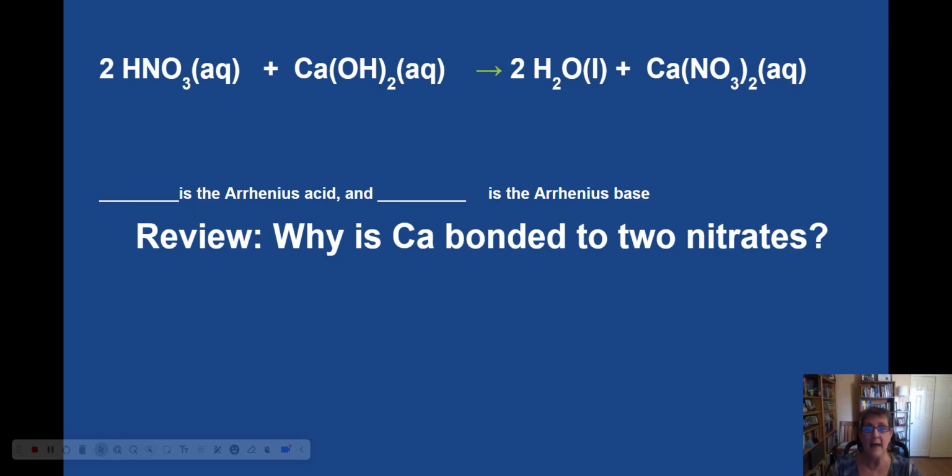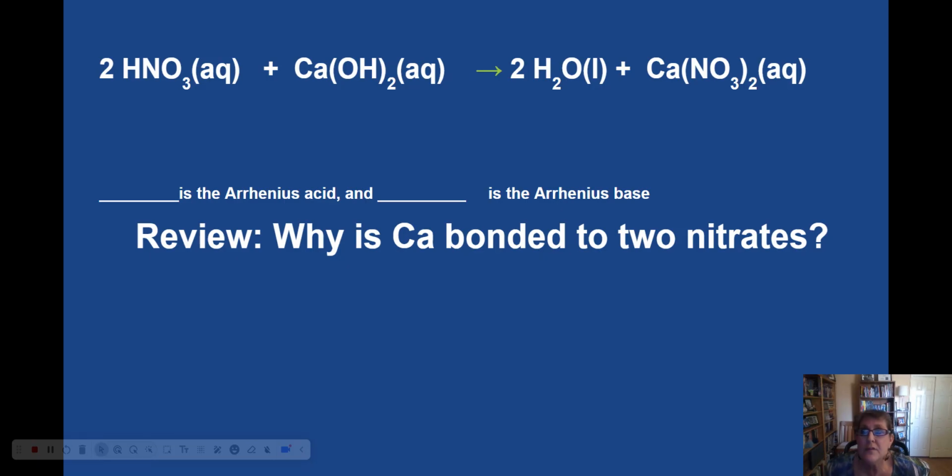Remember, Arrhenius acids do what and bases do what? So let's look at this reaction up here. We have 2 HNO3s in the water, AQ means in the water, plus CaOH2 in the water, and it's making 2 H2Os, which is a liquid because it's water, plus CaNO3 twice aqueous.